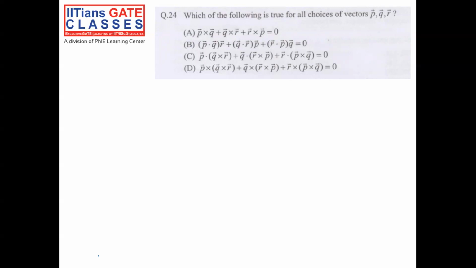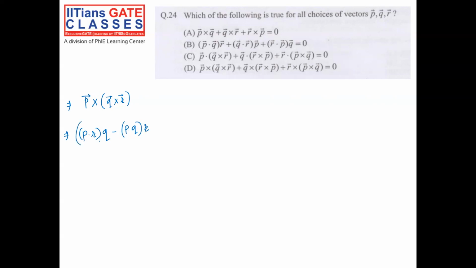So I would like to tell you one property related to the cross product. If you have p bar doing a cross product with q bar cross r bar, then we can actually write it as p dot r into q minus p dot q into r.